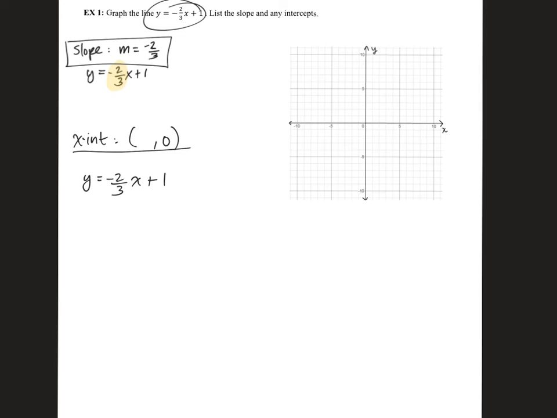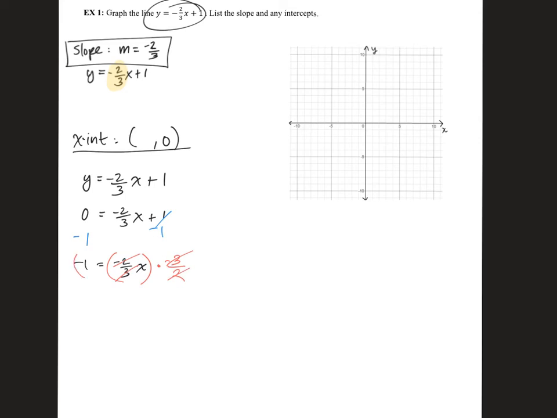Plugging in 0 for y, we get 0 equals -2 over 3x plus 1. Let's move that 1 to the other side. -1 equals -2 over 3x. Okay, so now how do we get rid of that fraction? Simple, just use the reciprocal. So now multiply by the reciprocal, -3 over 2, because when we do that, the 3's will cancel, and the 2's will cancel.